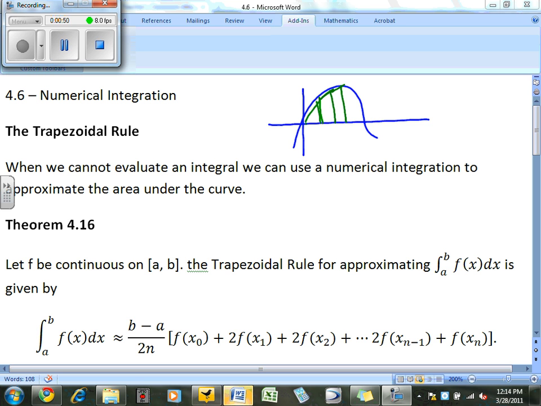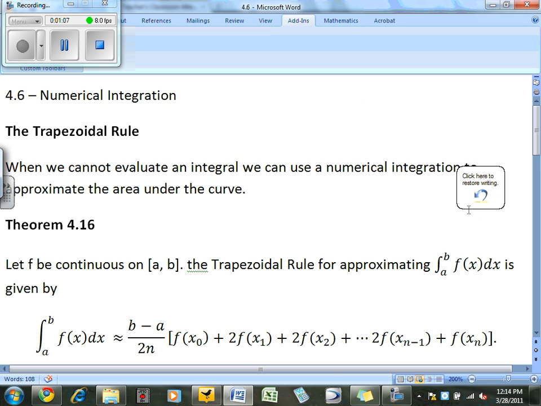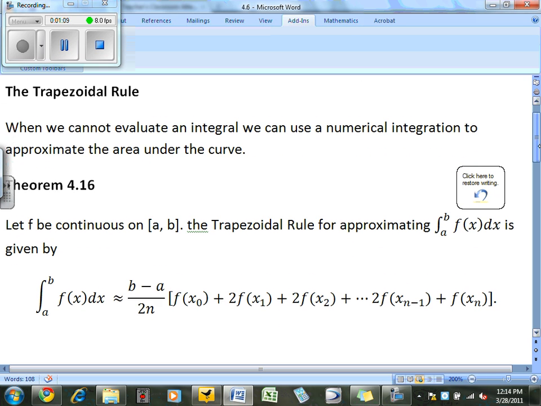It's called the trapezoid rule because we're breaking it up into a bunch of little trapezoids, and our error is just the little distance in between that curve and the straight line that makes the top of the trapezoid. So if we cannot figure out how to take the integral, we'll just approximate it using the trapezoidal rule.